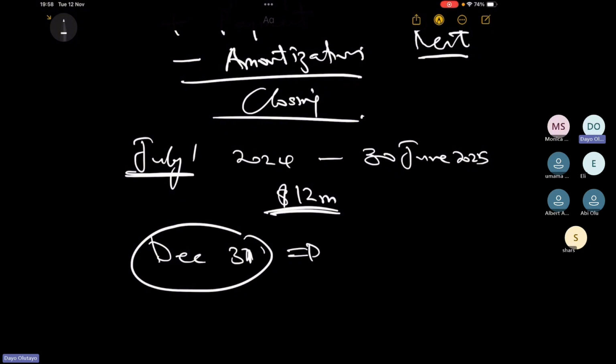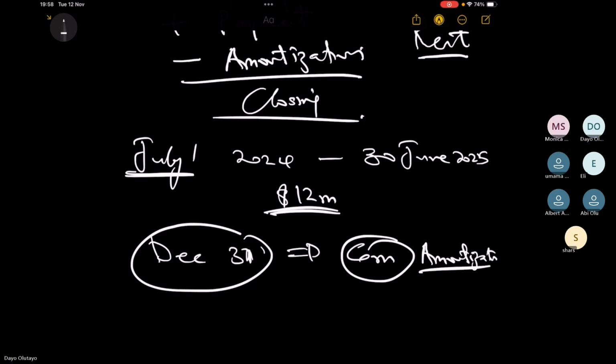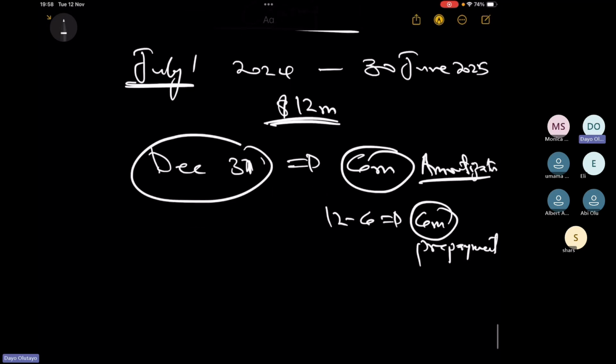So you will have amortized 6 million, because half of your rent has gone. Then 12 minus 6 equals 6 million left as prepayment. And that is what you have as at 31st of December.